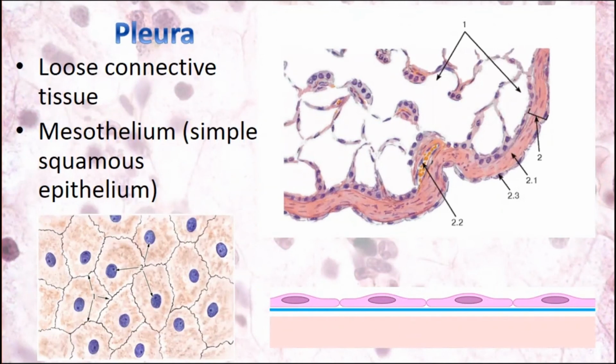But note that pleura covers lungs outside. It's the visceral layer, and also it lines the thoracic cavity. But pleura doesn't cover bronchi. That's why they have adventitia. So pleura covers lungs, and it lines the thoracic cavity. It's a serous membrane, which is covered with mesothelium, simple squamous epithelium. It's the structure of pleura.